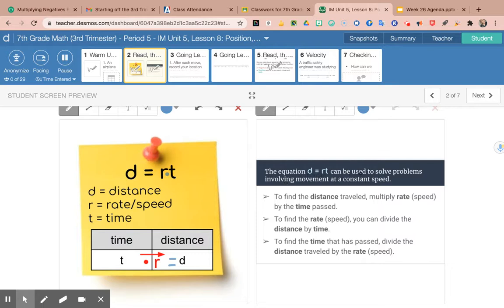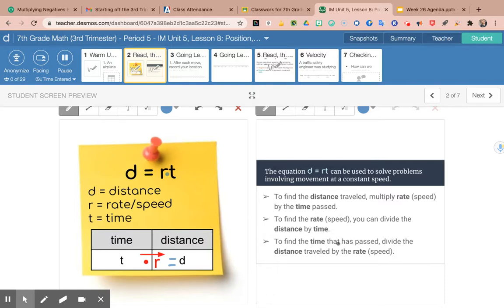The equation D equals RT can be used to solve problems involving movement and constant speed. Distance traveled is your speed times the time. Multiply speed and time to find distance. Finding your speed is your distance divided by the time. So however far you went the whole way, divided by time will give you the speed.